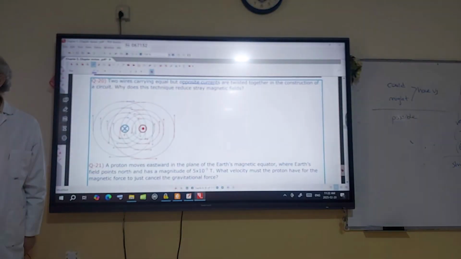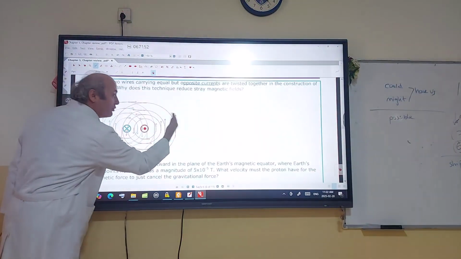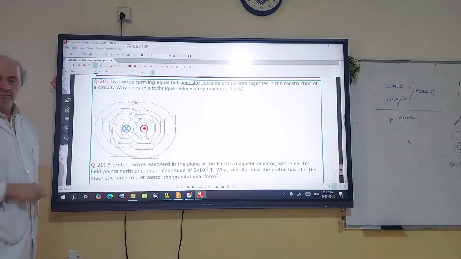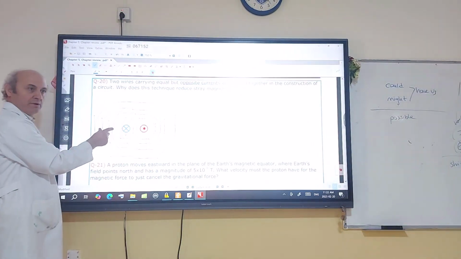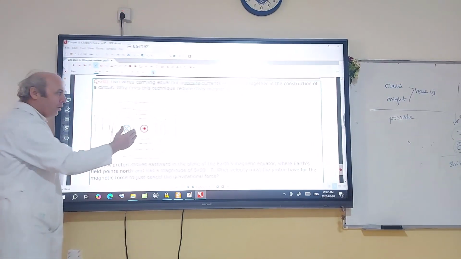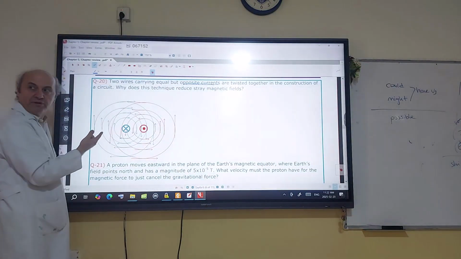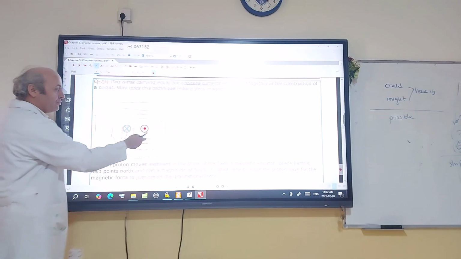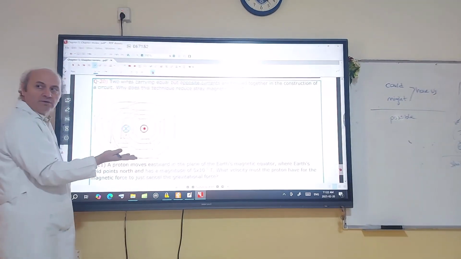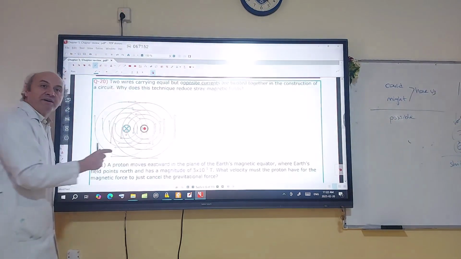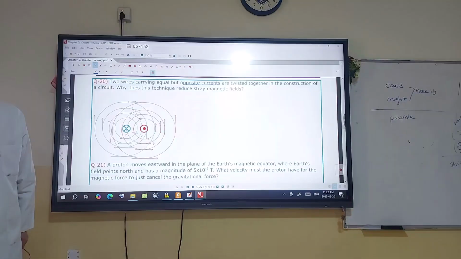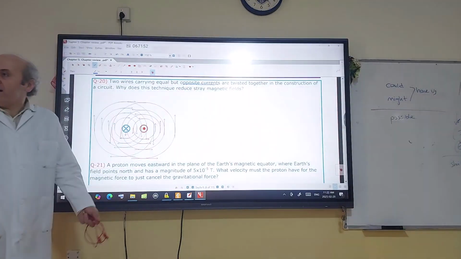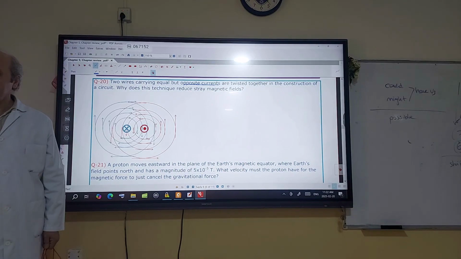These two magnetic fields are in the same direction, but on the right and on the left, look at their directions. Same? No, they're opposite. Blue goes up, red goes down. Between the wires they support each other, but beyond the wires they cancel each other. They are weakening each other.